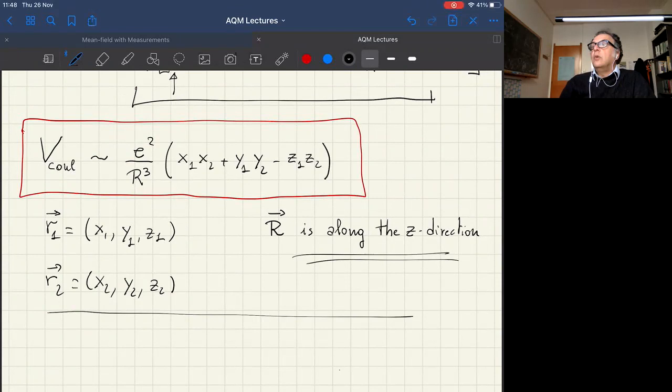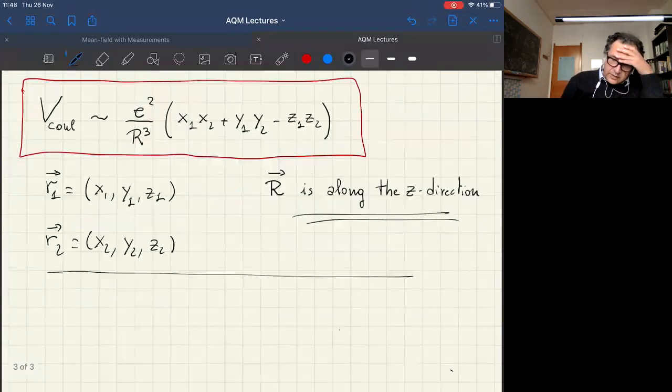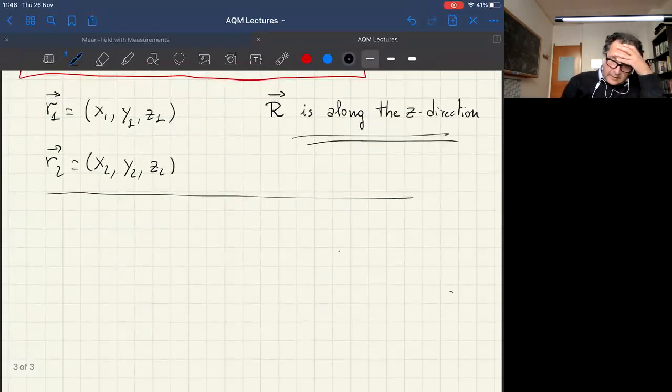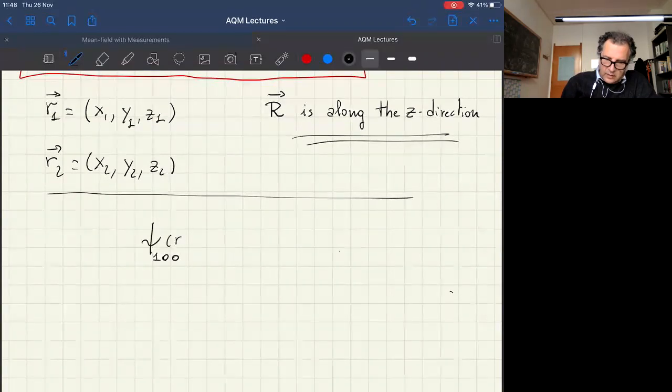What I'm going to do is consider just the ground state. So I will consider the orbitals psi 1,0,0 over 1 and psi 1,0,0 over 2.